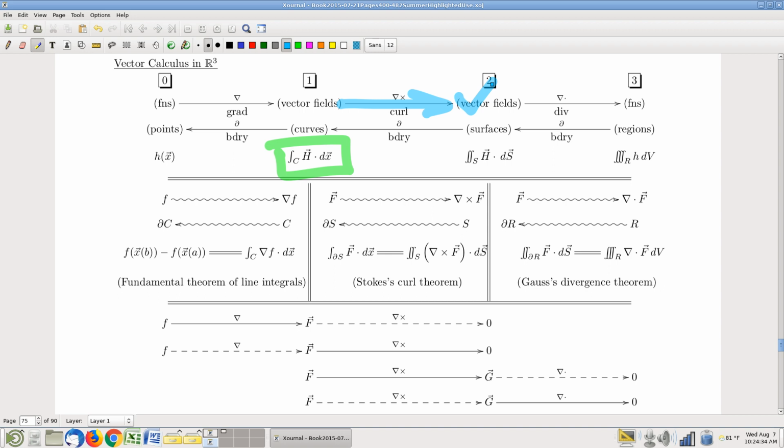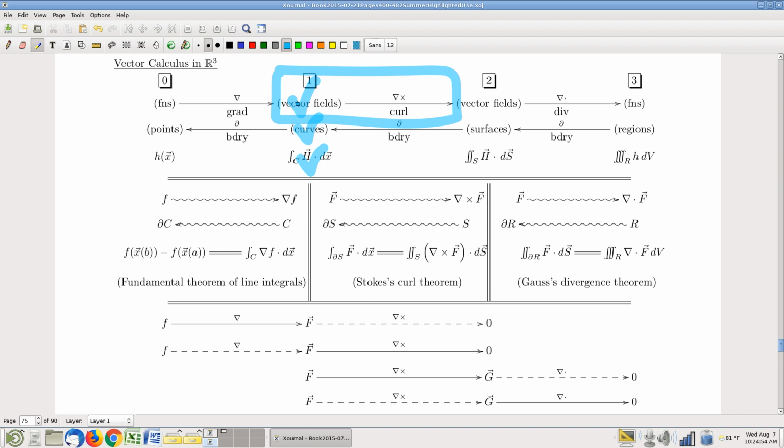Or in general, and likewise for a flux integral, either way, you're going to need to know what the operator is that the diagram tells you to compute. If you're asked to compute a line integral over a certain curve of a given vector field, the diagram is telling you right here, oh, you've got a vector field. What do we do to vector fields like this? We take their curls. That's what we do. See what I'm saying? I'm such a big fan. The diagram is helping you with the question: compute the curl.